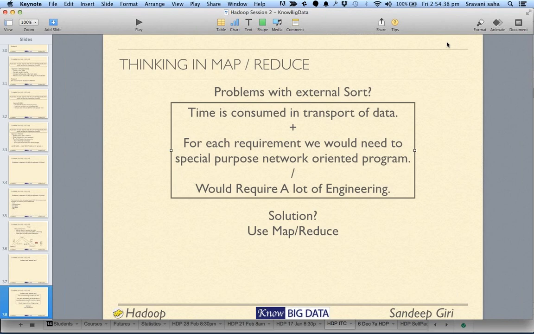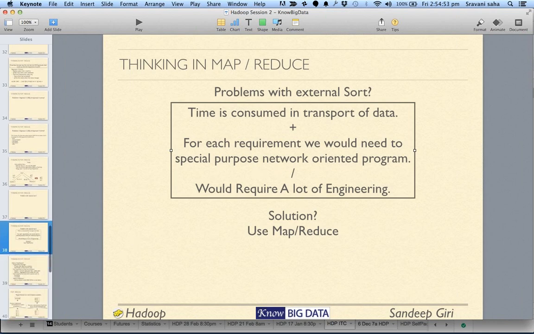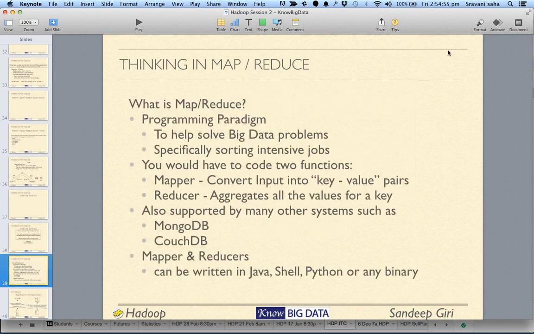Whenever you want to work on data, it is already there on multiple machines. Why? Because each data node stores the data, right? So both problems, the initial transport of the data as well as the engineering part, are very well taken care of by MapReduce. Sounds good to you? All right.